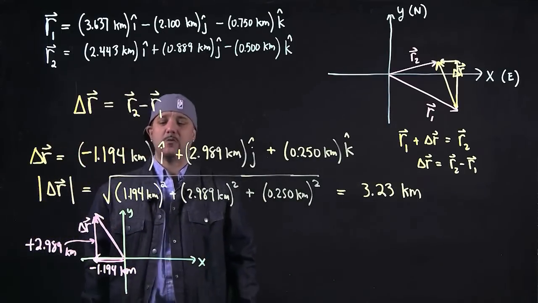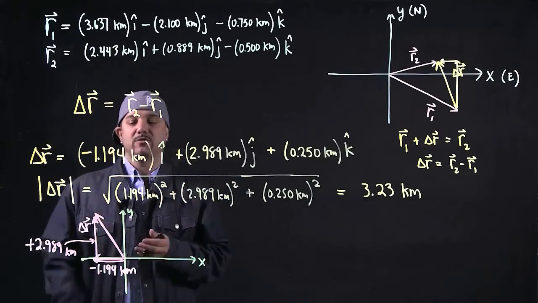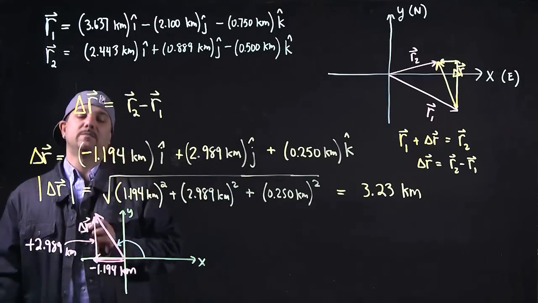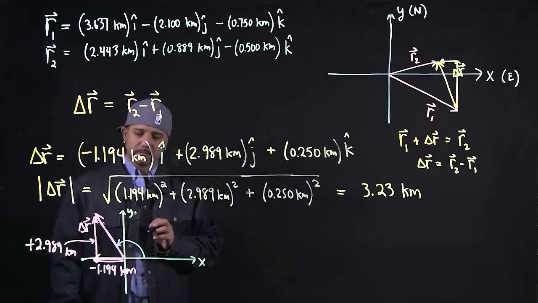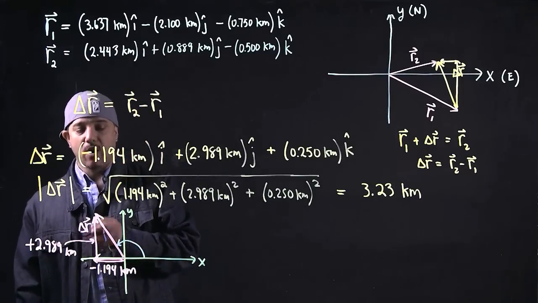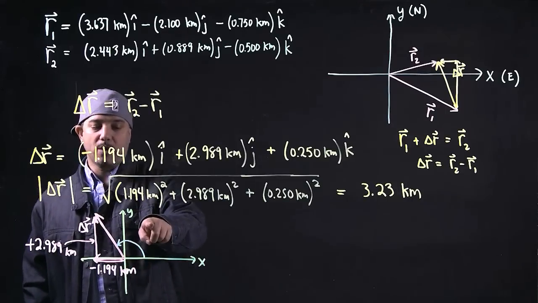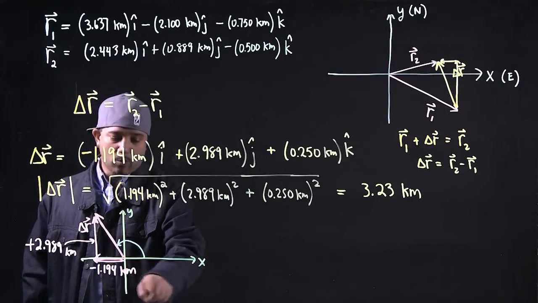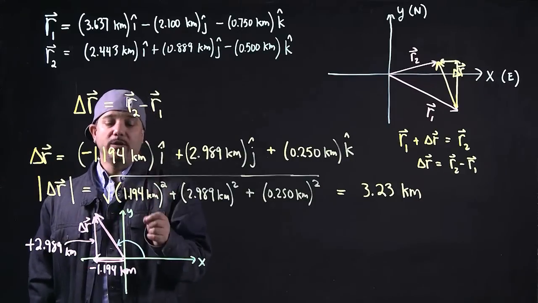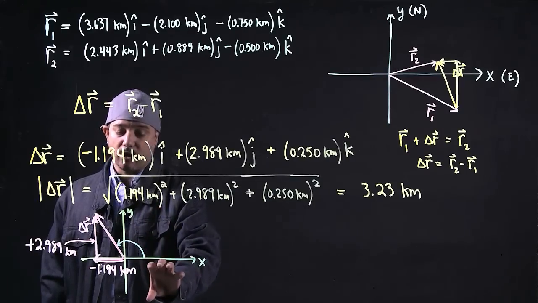Which angle do we want to compute? If we use our trigonometry unit circle notation, we can use arctangent to compute this angle right there. Now we have a problem. Arctangent, if you remember trigonometry, when you use your calculator, is only going to work if you're in quadrant 1 or quadrant 4. This is very important. Your calculator only works with quadrant 1 and quadrant 4.